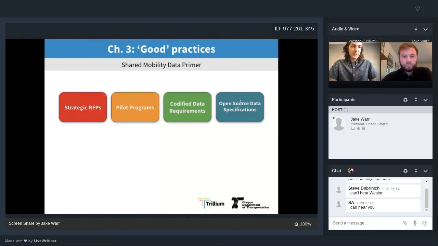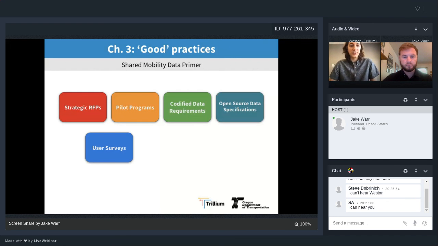And then we also talk about open source data specifications as part of our good practices recommendations. We've touched on GBFS and MDS and their ubiquity in the realm of shared mobility already, but it is worth restating here that requiring the use of these open source data specifications is essential to the success of a shared mobility program.